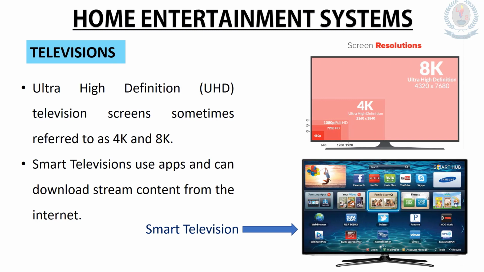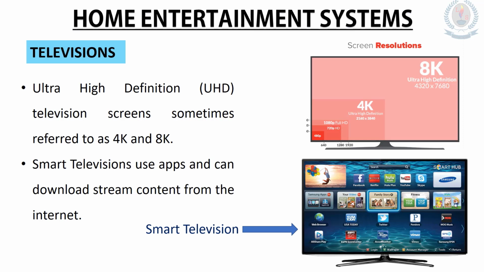Ultra high definition, or we known as UHD. These television screens are sometimes referred to as 4K or 8K because they have a horizontal resolution of approximately 4000 or 8000 pixels.